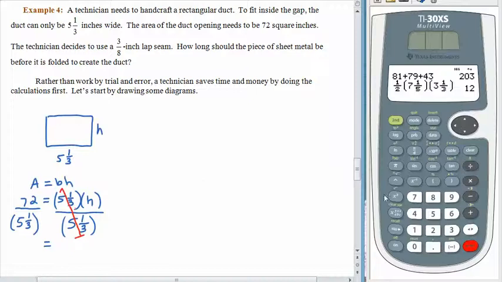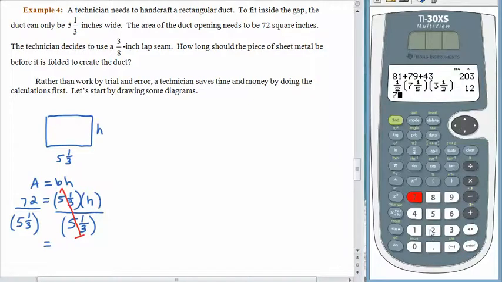And here on the left-hand side, we have 72 divided by, and then grab that mixed number template, 5 1/3. If you were on any other calculator, you'd have to put parentheses around this 5 1/3, and you'd have to put a little plus sign in between the 5 and the 1/3, and it'd be a little more awkward.